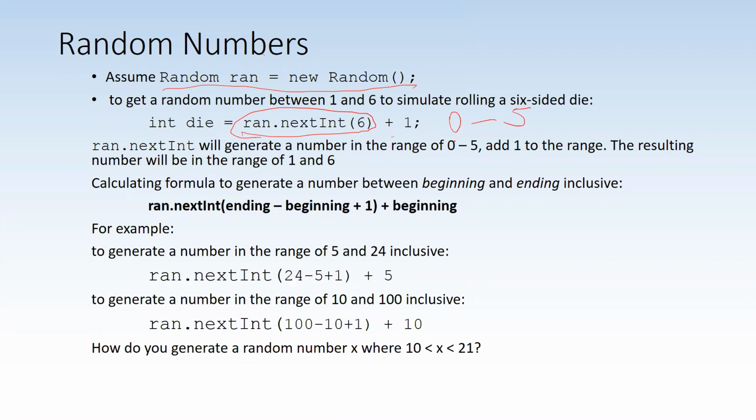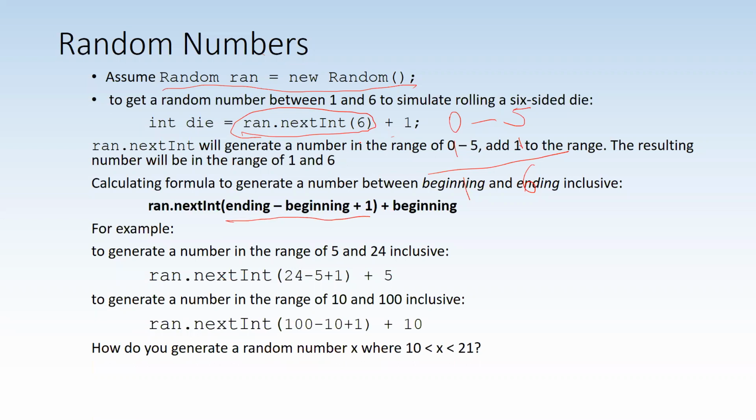And then you add 1 to it, right? So now your range is 1 to 6. Okay. And so how do you decide what the seed value is? I formalize a formula so that you can correctly calculate the seed value.